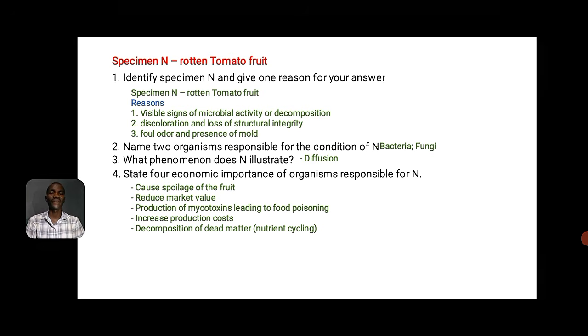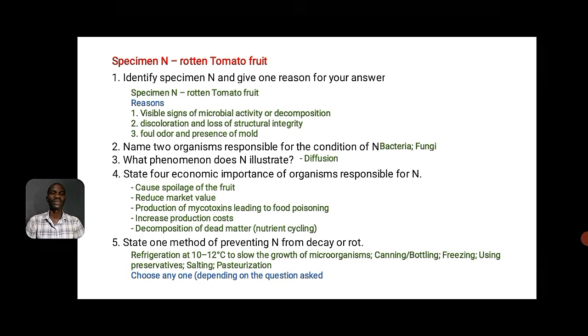Then number 5 is decomposition of dead matter. This one is not related to the plant, to the crop. Generally, microorganisms are decomposers, and they are responsible for the decomposition of dead organic matter, and that is nutrient cycling. Number 5, state one method of preventing N from decay or rot.